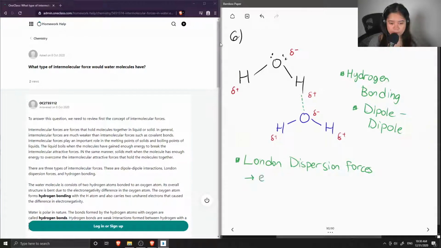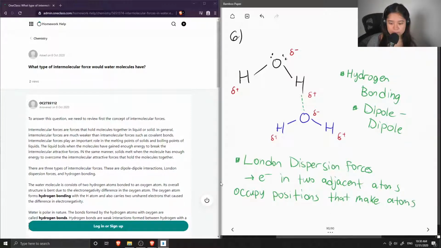So London dispersion forces is when the electrons in two adjacent atoms occupy positions that make atoms form temporary dipoles.